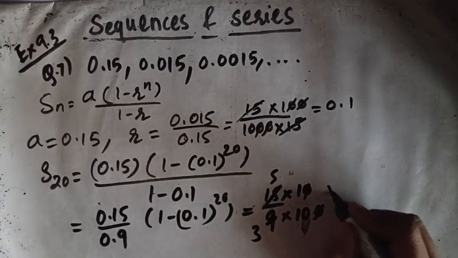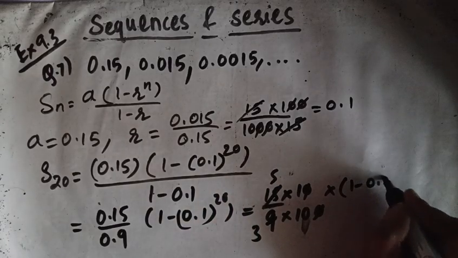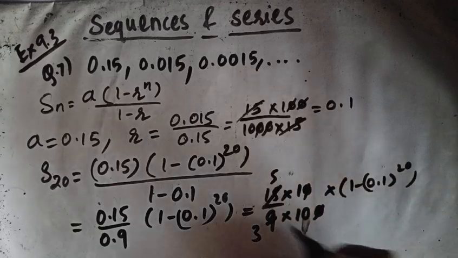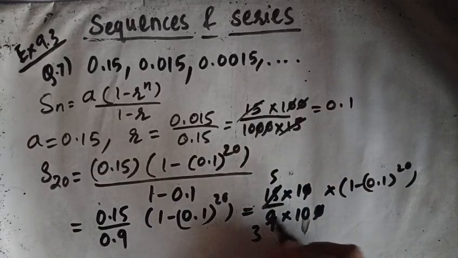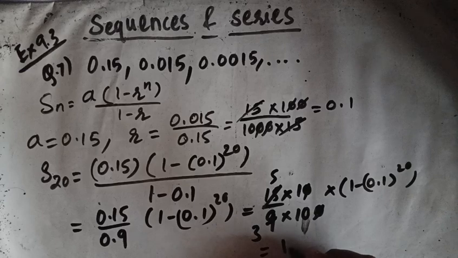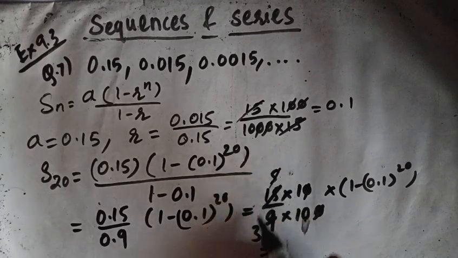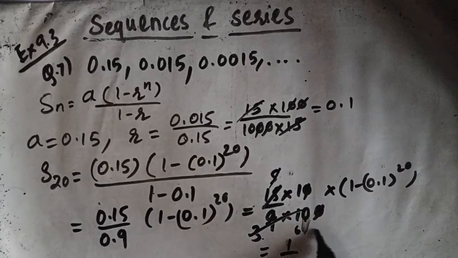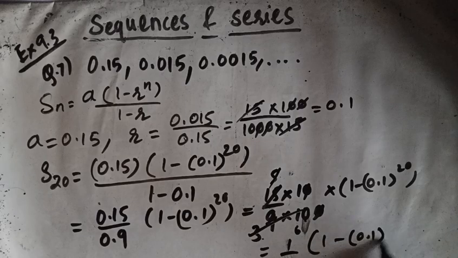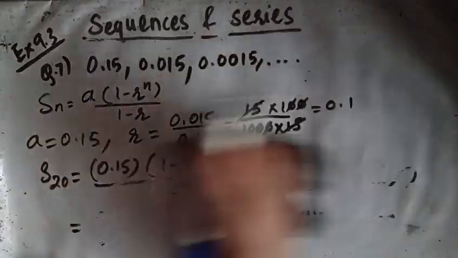So 5 by 3, you can write this as 30, so it will be 6. 1 by 6 into 1 minus 0.1 raised to 20. Okay, next question.